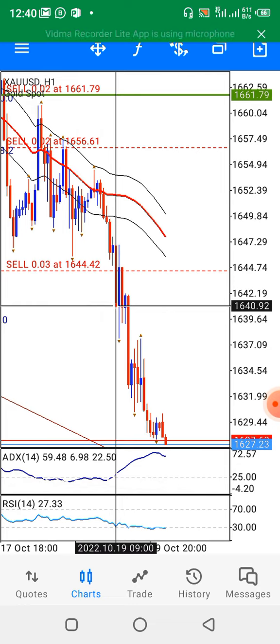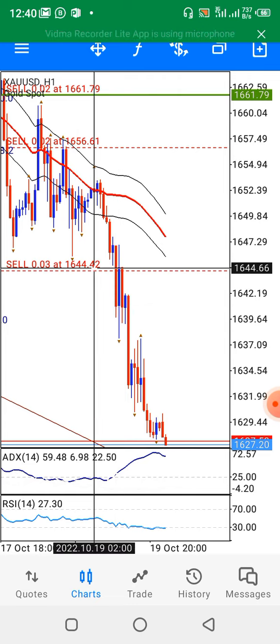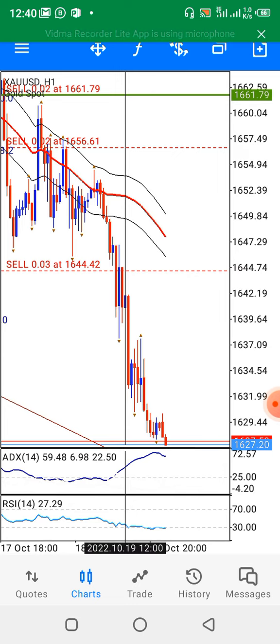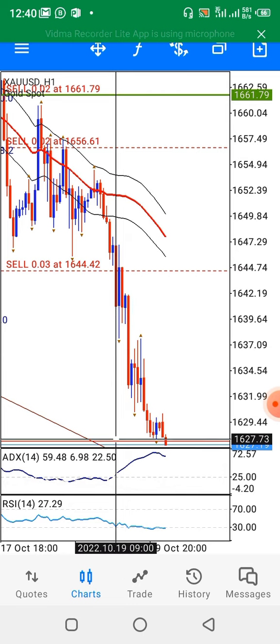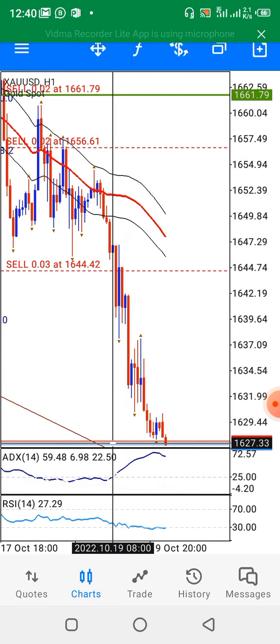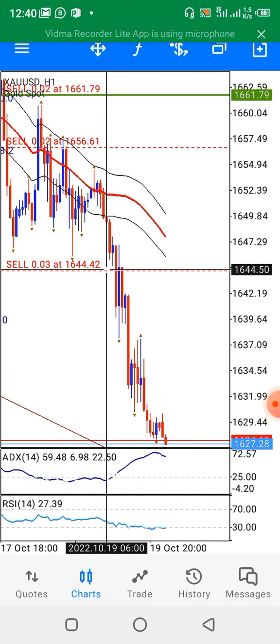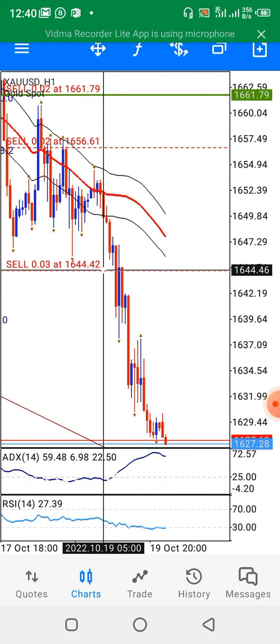Now I can decide to calculate my pips from the position I entered my trade, which is 1644, or I can start from the current price, the place the price is at now. Let me start from the position where I entered my trade.